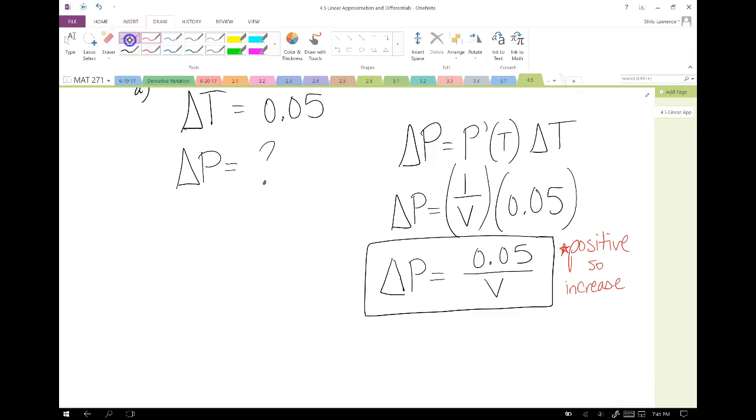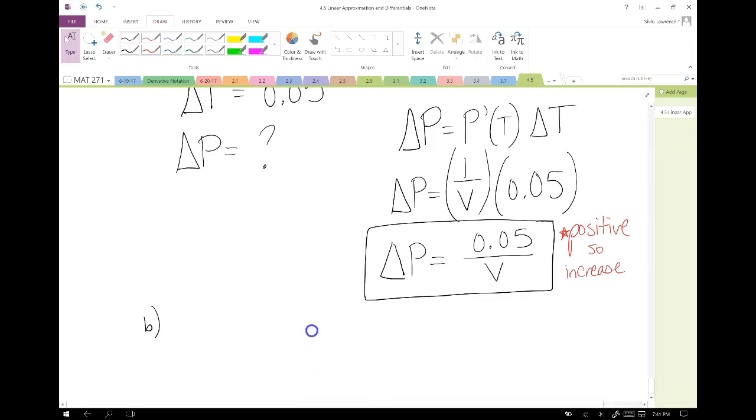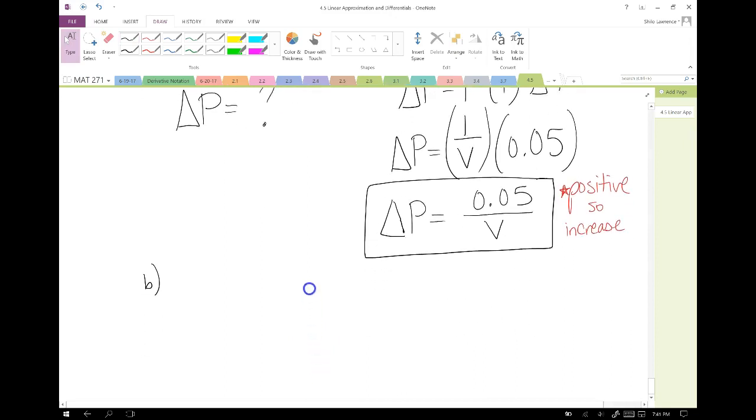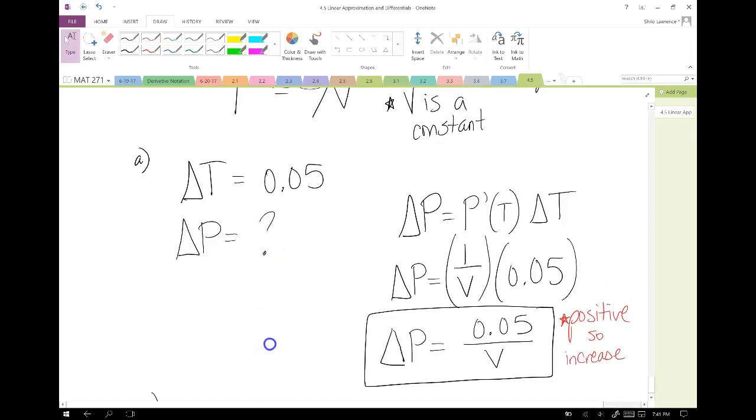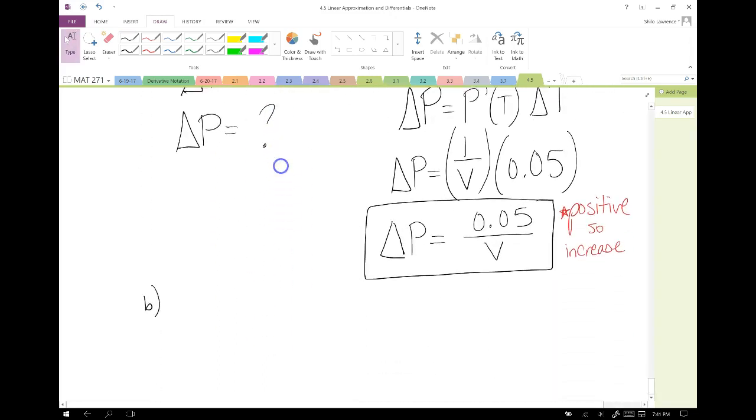In part B, it says, suppose the temperature is held constant and the volume increases by delta V equals 0.1. So a whole new type of problem here. This time we're going to let temperature be constant. So now we have P equals T over V still.